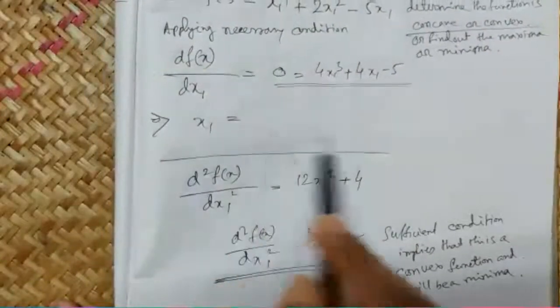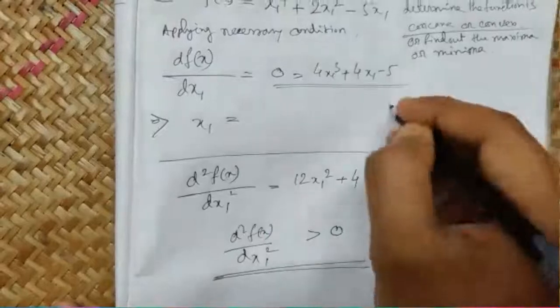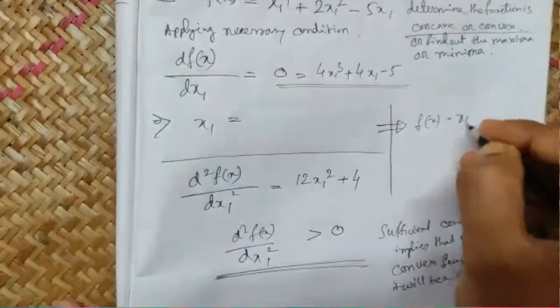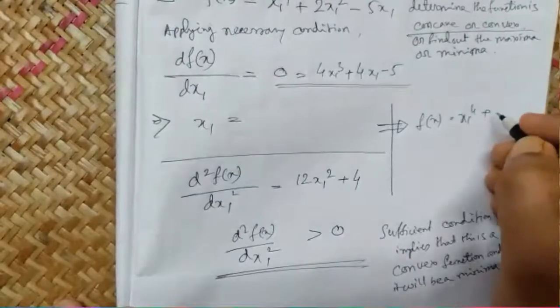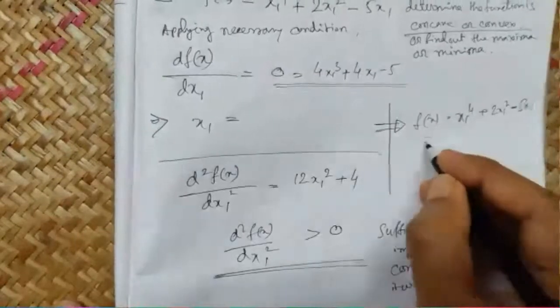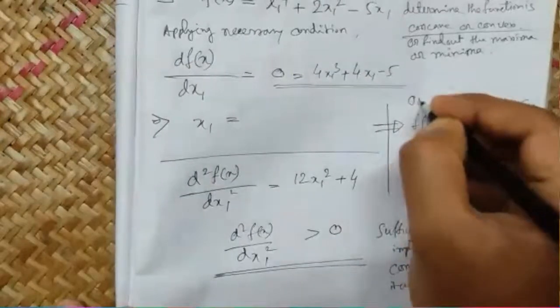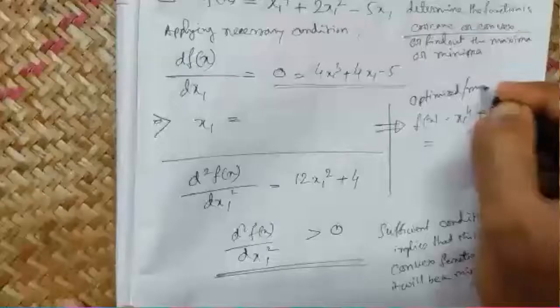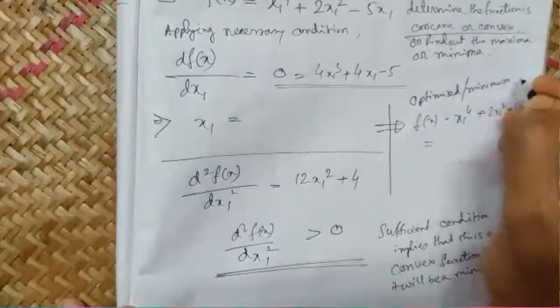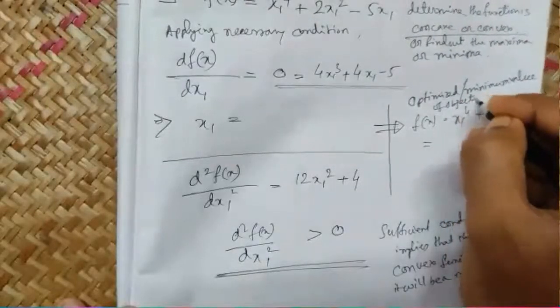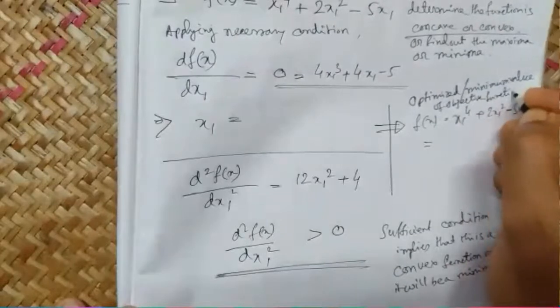So now if we find out this x1 and put this value into this equation, x1 to the power 4 plus 2x1 square minus 5x1, then we will get the optimized value or minimum value of the objective function fx.